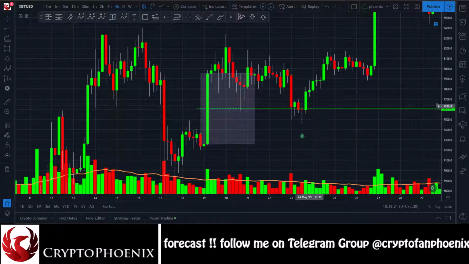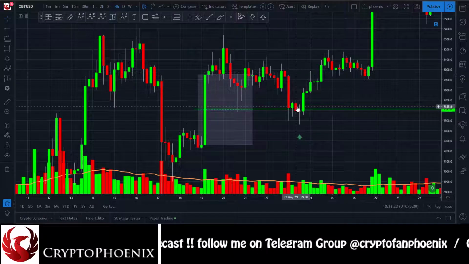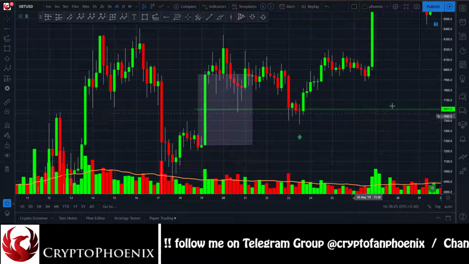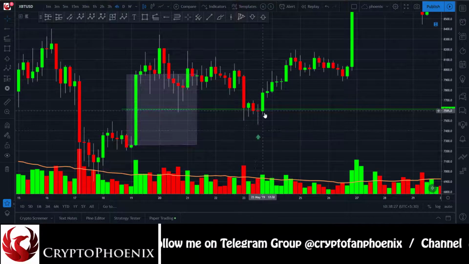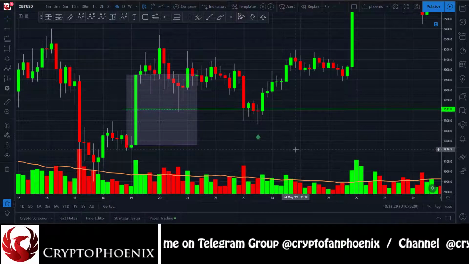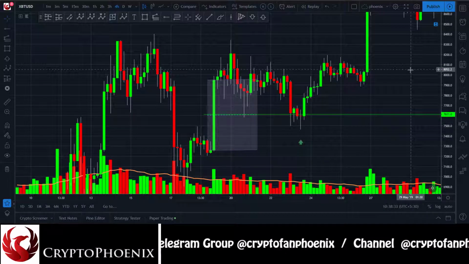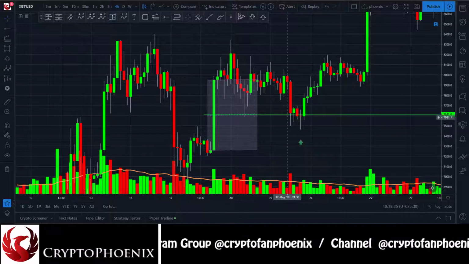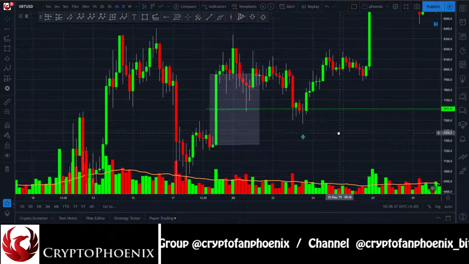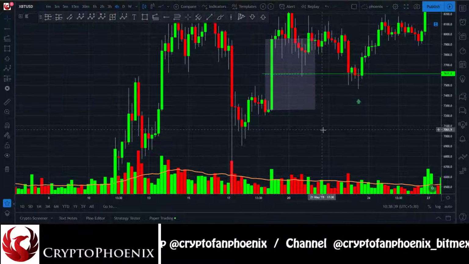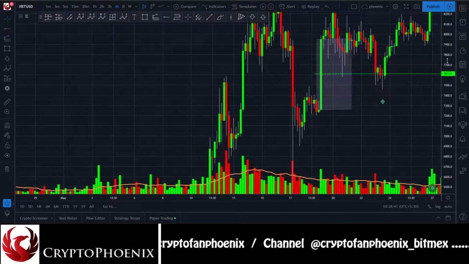Again, this range was retested, and certainly the bulls took over after hitting this price range. So remember this example, take a screenshot, do whatever you want, but always remember this type of example because it appears many times in BTC.